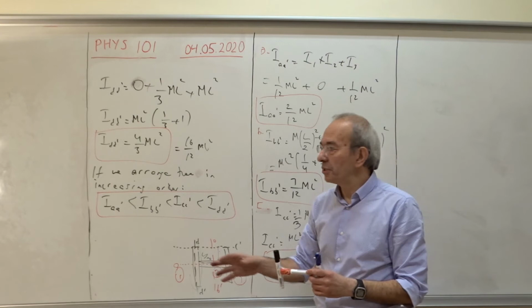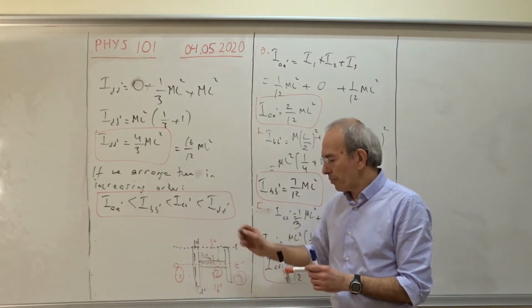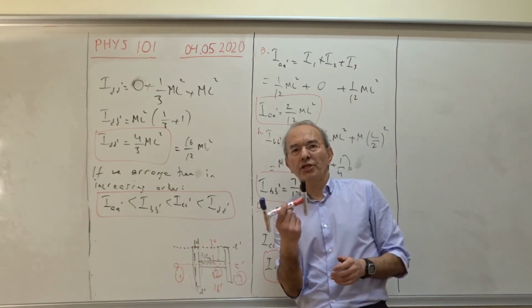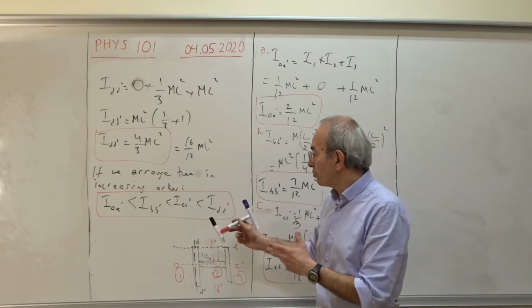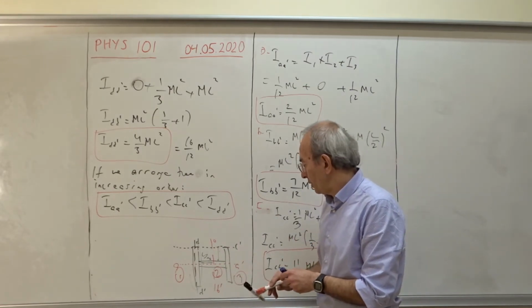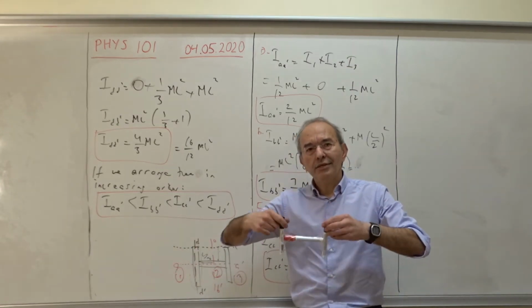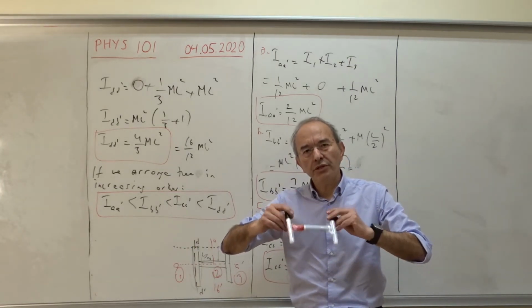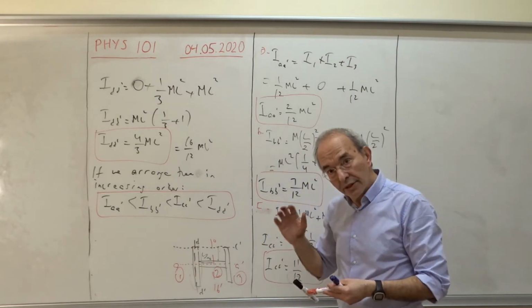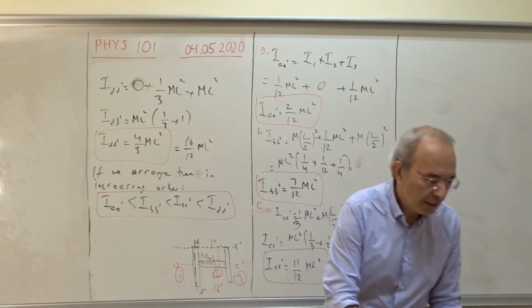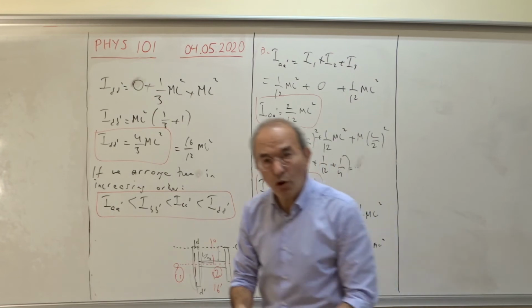The others are intermediate. BB prime, this kind of rotation, is intermediate. CC prime also, this kind of rotation, is neither the greatest nor the smallest. But the greatest and smallest ones are these, and let me write a sentence for this as a comment.